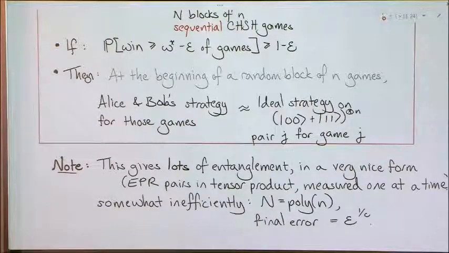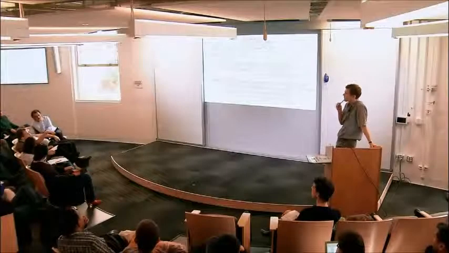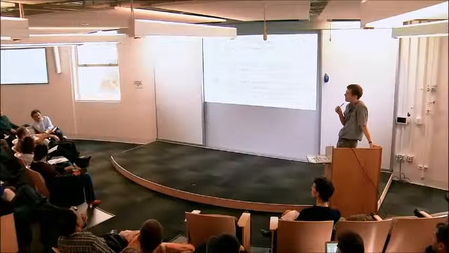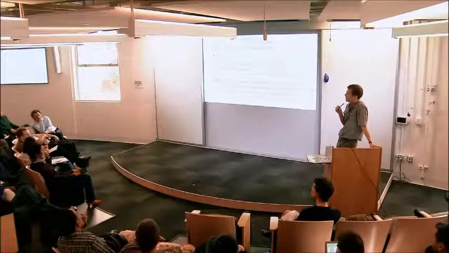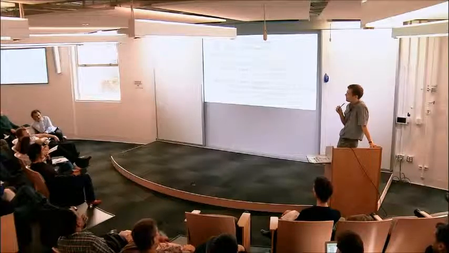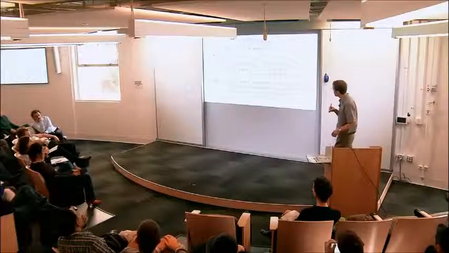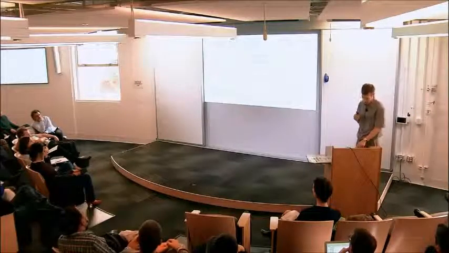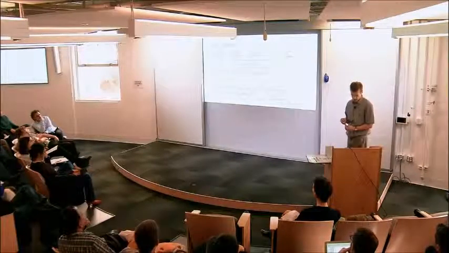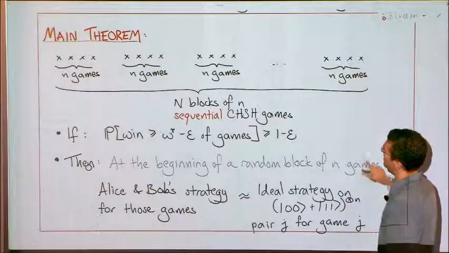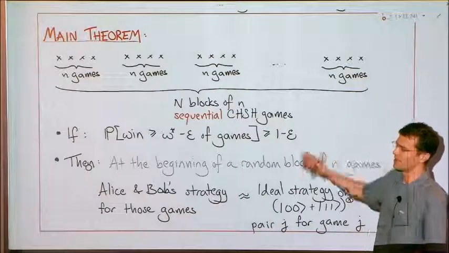Ben, can you say again how this theorem improves over the last one? Is it that with this one, even after the test is over, you still know that there's lots of entanglement in the other blocks? No, I mean, in both of these theorems, they're sort of retrospective, the way I'm describing it, in that by the time you get this conclusion, you've played all the games, so you've destroyed all the entanglement.